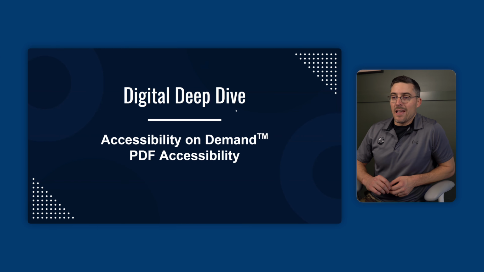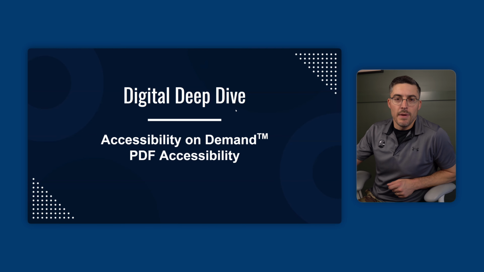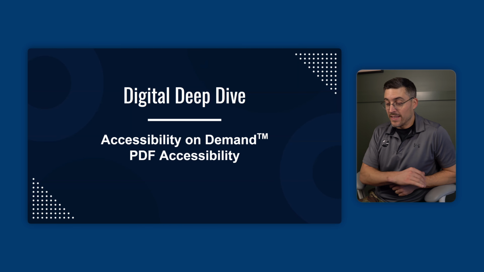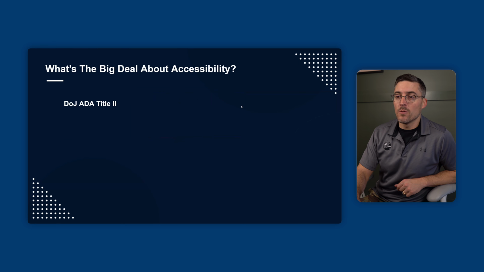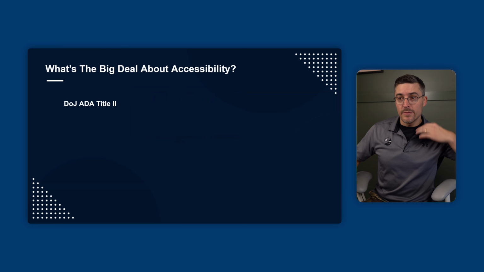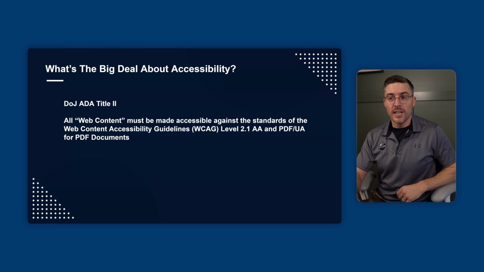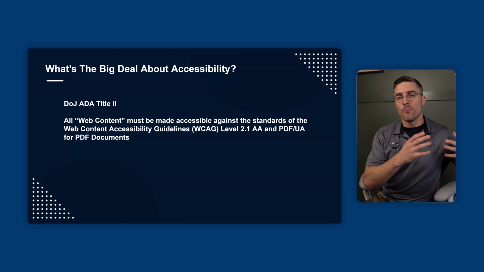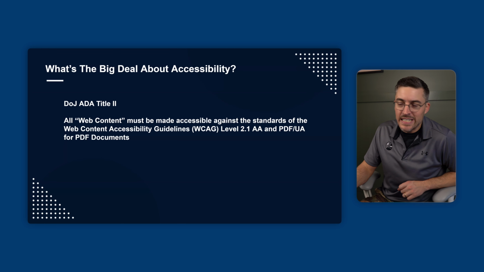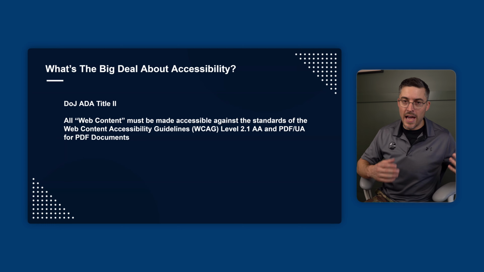Okay, so we're gonna dive into Accessibility on Demand and just accessibility in general and why this tool is here. So what's the big deal about accessibility? Well, the Department of Justice with the ADA Title II is saying that all web content must be accessible based on the Web Content Accessibility Guidelines, also called WCAG.